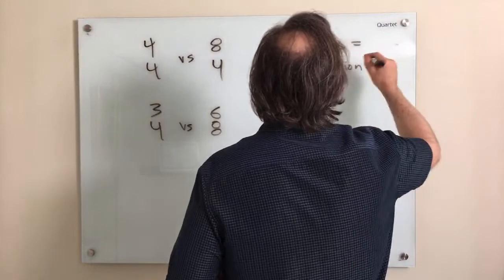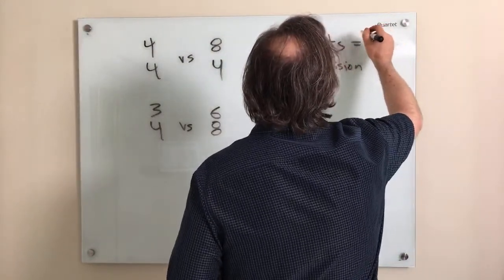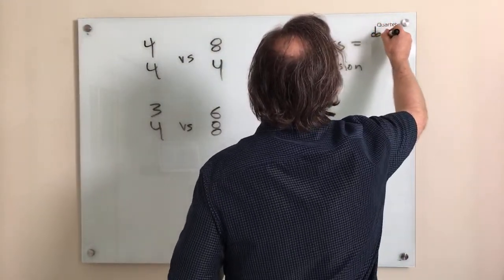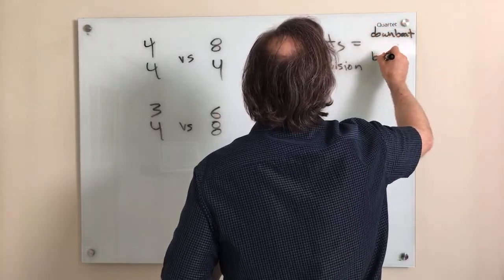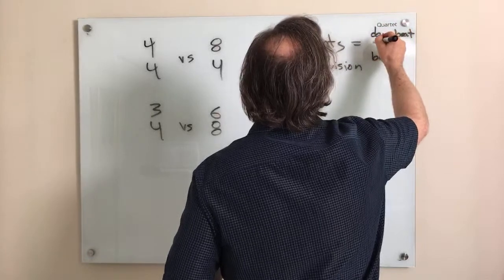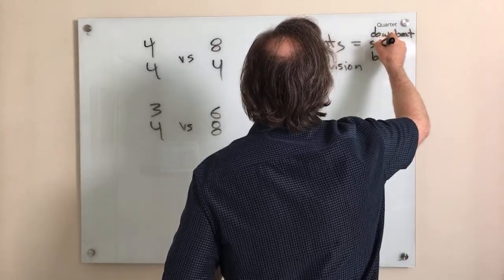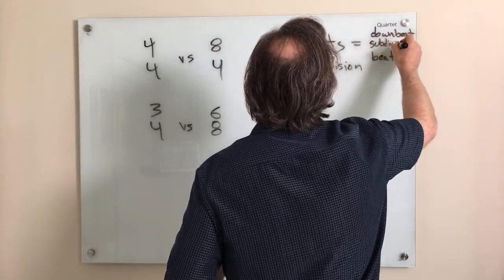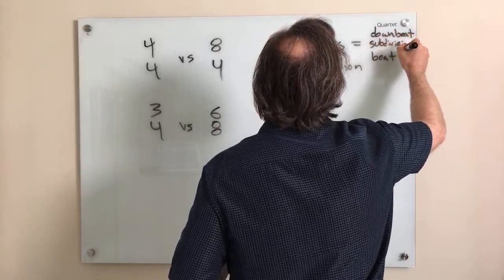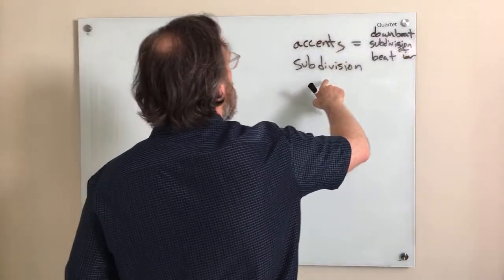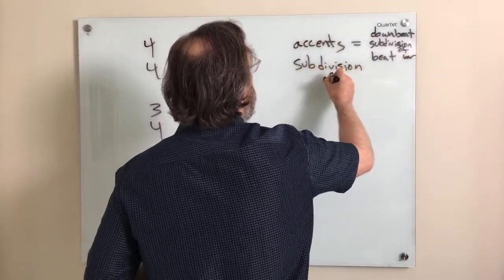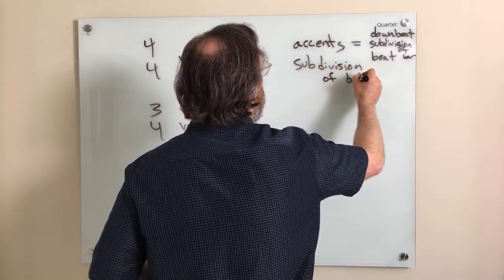So accents will help tell us where our downbeat is, where our actual beat is, as well as subdivisions of the bar. So I'm sorry, that's a little bit small. And subdivision of the beat is the other aspect.